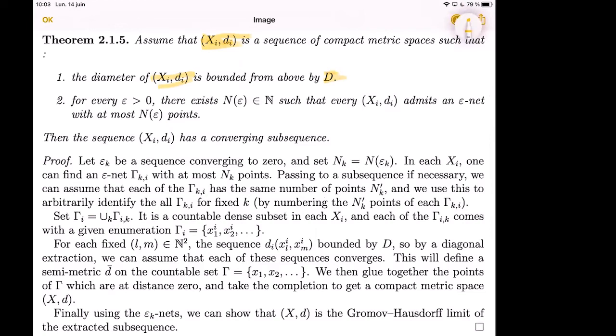And you assume that for every epsilon, there exists some number n of epsilon such that for any i, Xi with di has an epsilon net with at most n of epsilon points. So basically, you can find in each member of the sequence epsilon nets of a controlled cardinal.